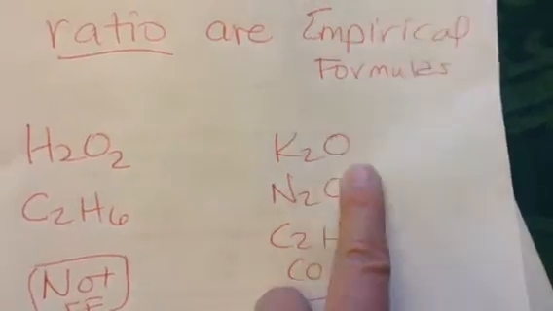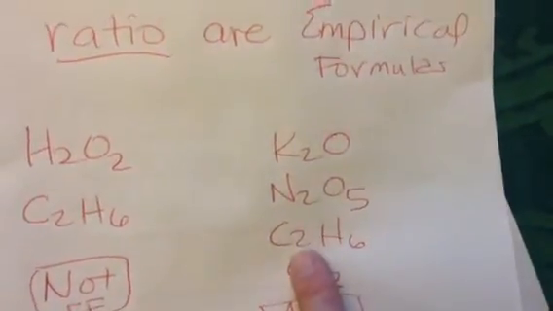You can't cut 2 and 1 down, or 2 and 5, or, oh, I messed up here, 2 and 6. So we got to cross that out there. That's not empirical. I didn't realize I did that when I wrote that out. That's not empirical, okay? But the other 3 are, I think it was C3H8, that's empirical, okay?